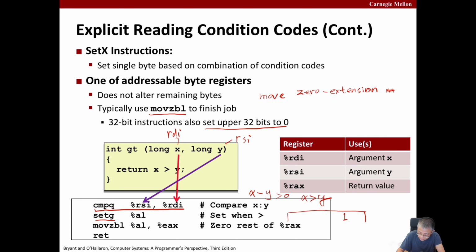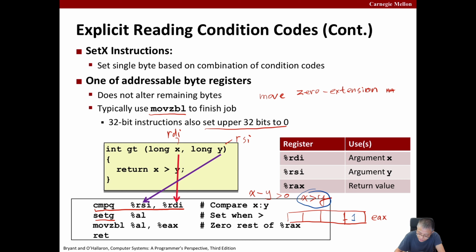Okay, so this will be the EAX register. We know all the return values are saved in the EAX register. So we have all those bytes here. It will set AL to be 1, assuming x is larger than y.